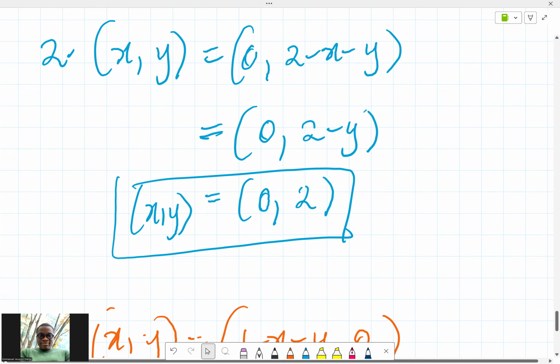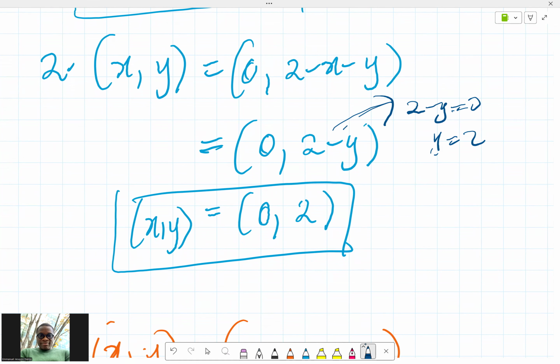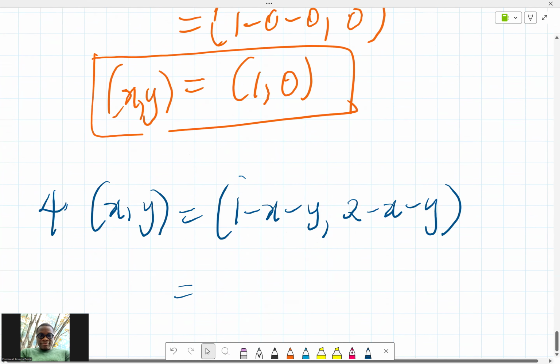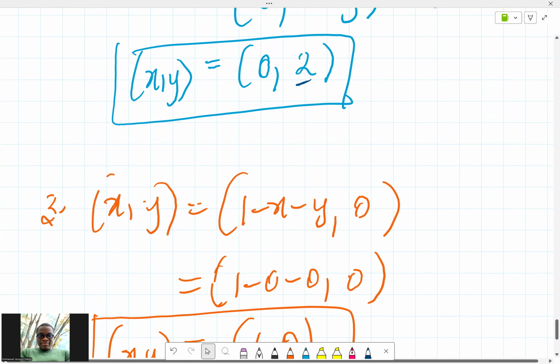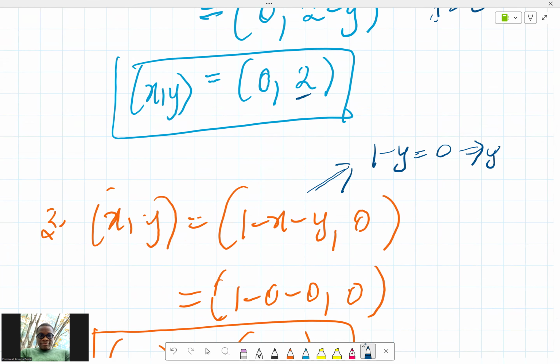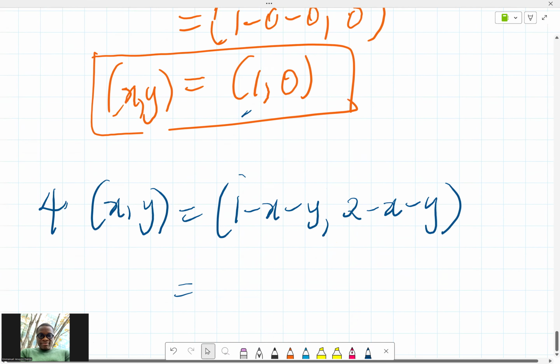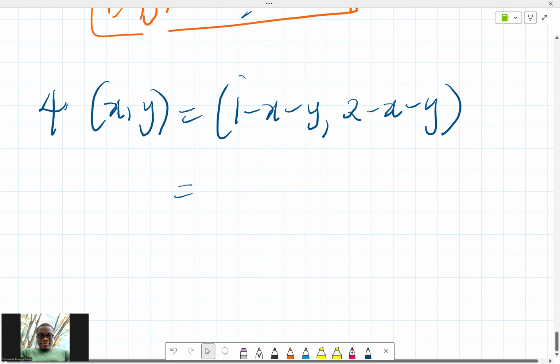So for this one now, 2 minus y will be equal to 0. I think that's what we got to here. So this is more like 2 minus y equals 0, and that is why y is equal to 2 here. So in case you're wondering why this is like this, the same thing happens here also. So we already know that x is 0, right? So it means we have 1 minus y left to be equal to 0, and that means that y is equal to 1. And that is why we have this last one here.